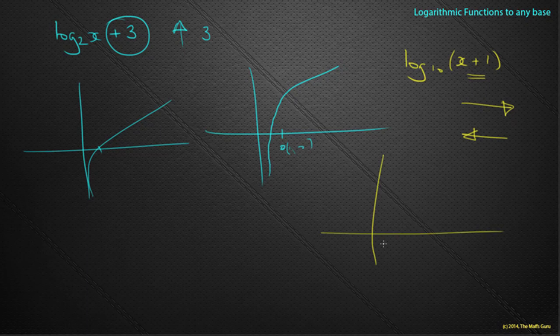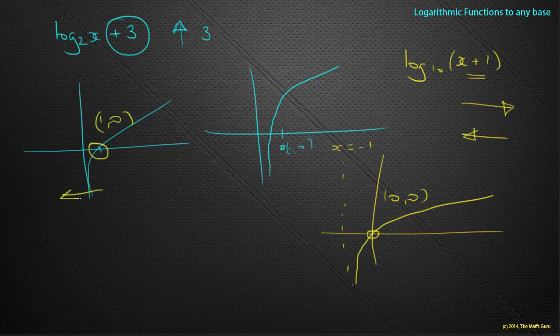So this will now have an asymptote here, where x is equal to -1, and my graph would look something similar to that, where this time that would cross at the origin. And if you think about it, if the standard graph crosses at (1, 0), and you're moving the whole graph that way by 1 position, it will cross at the origin.